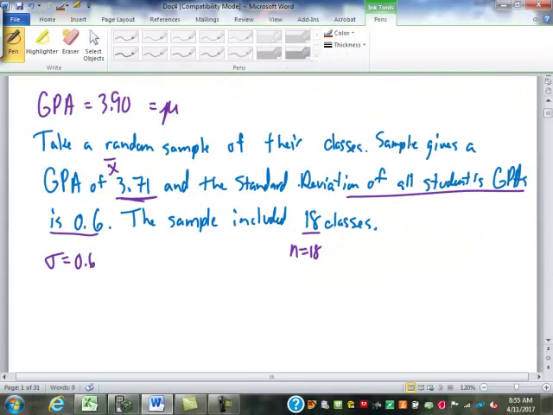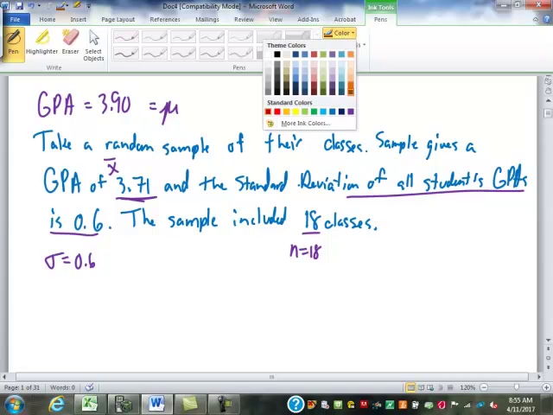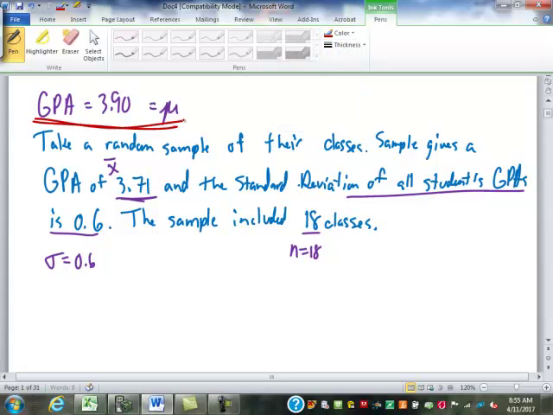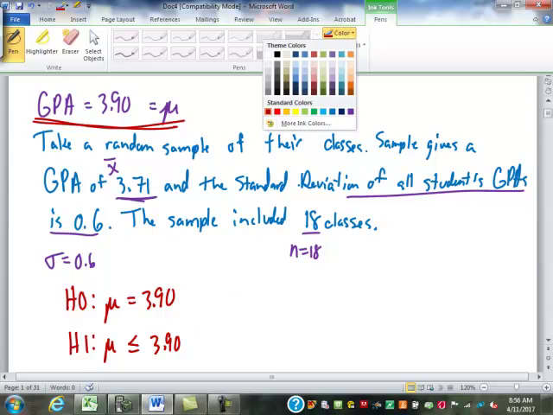So what we would set up here, we're assuming that this statement is true. That's our null hypothesis, the mean GPA is 3.9. The alternative, we said at least 3.9, so our alternative would be less than 3.9.